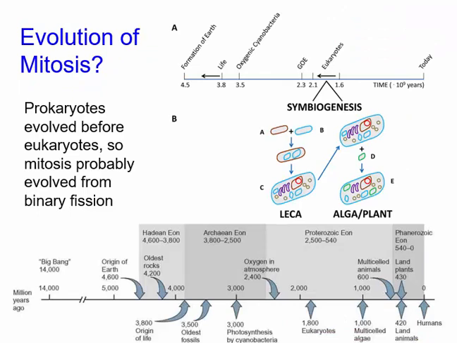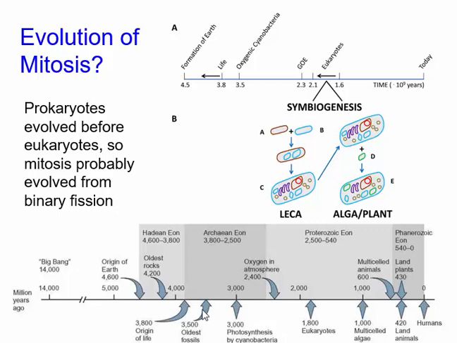So let's put cell division into a broader evolutionary context now, thinking about the evolution of mitosis. Well, binary fission probably evolved first, and then mitosis evolved from binary fission. And why do we think that? Because we know from the fossil record that prokaryotes evolved first. So we can look at this timeline of life on Earth here: 3.5 billion years ago, the oldest fossils.